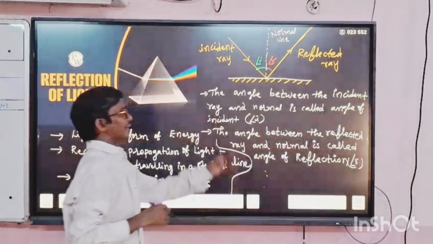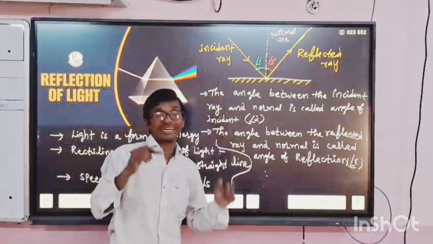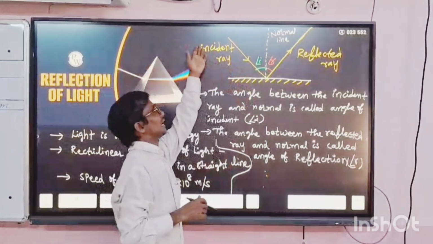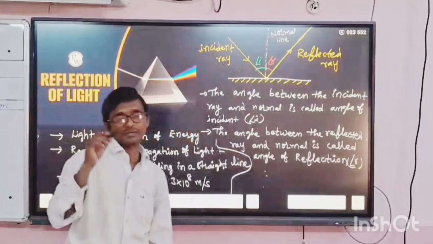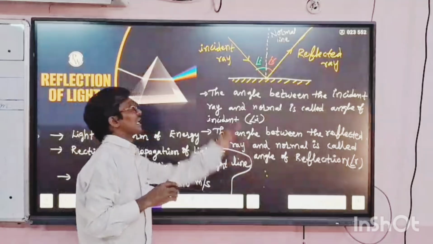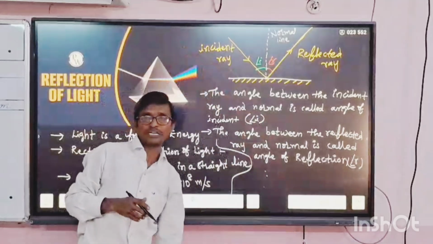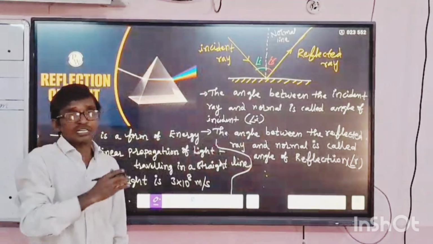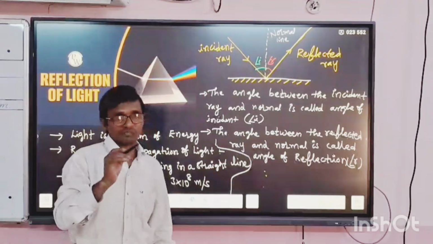Based on that, how can we define reflection? When the light ray is incident on the surface of an object or mirror, the light bounces back. This bouncing back of the light is called reflection.